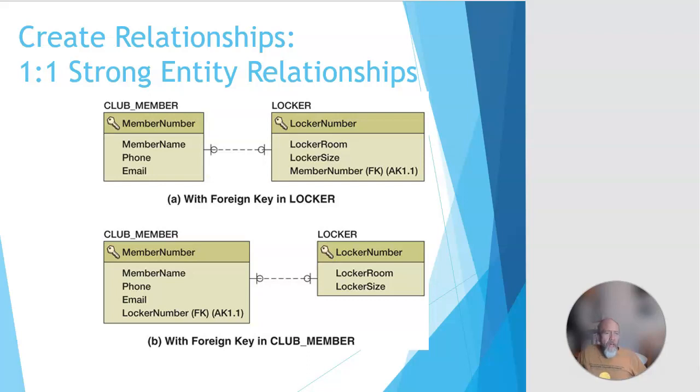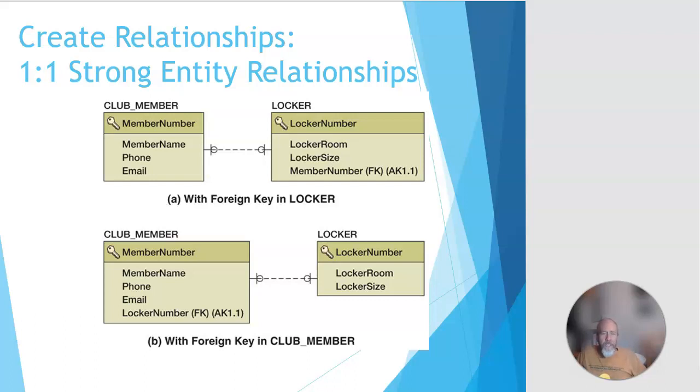And logically, in my head, the club member having the locker number in their table, and then the locker being purely information about the locker itself makes logical sense. But that's in my head.